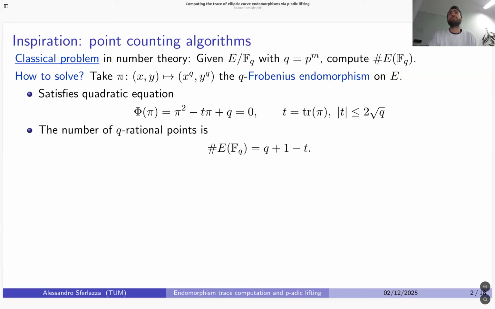And the thing is, if we consider the Frobenius endomorphism, the q-th powering of coordinates, where q is the size of the base field, then this endomorphism is also a quadratic integer, since it's an endomorphism. It has degree q, where q is, again, the size of the base field. And the trace of Frobenius is directly connected with the number of rational points by a very simple formula. So in particular, the problem of point counting and the problem of computing the trace for this endomorphism are equivalent.